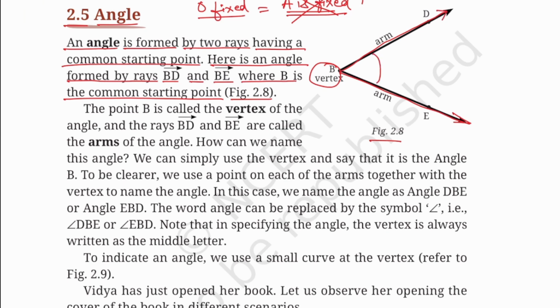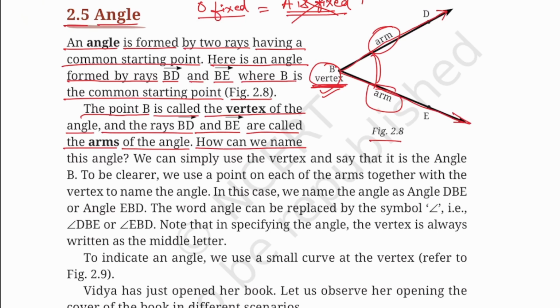So an angle is formed between the two rays with a fixed point in common. The point B is called the vertex of the angle, and the rays BD and BE are called the arms of the angle.